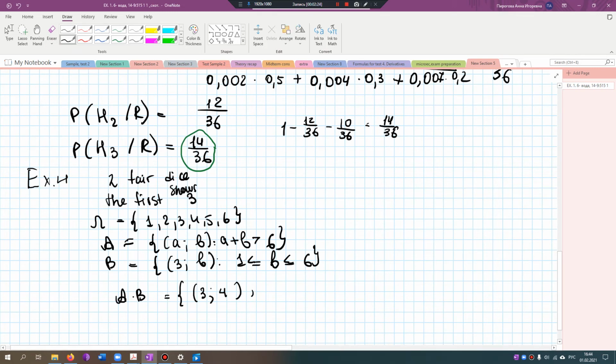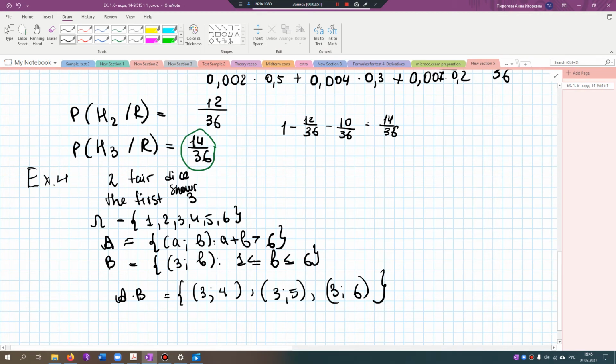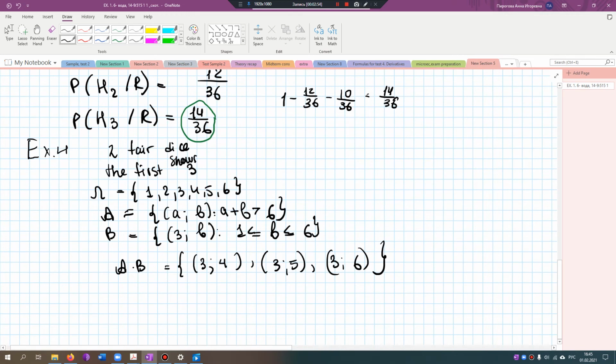Then our next item will be 3, 5, because it will be 8, which is greater than 6. And the last one will be 3 and 6. So this will be the intersection of A and B.